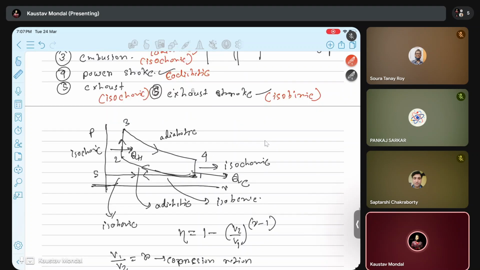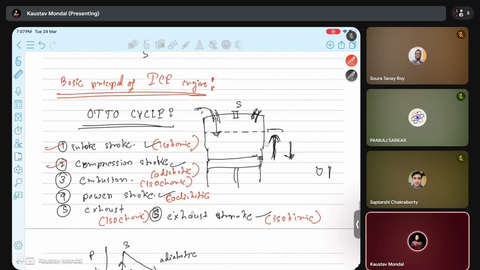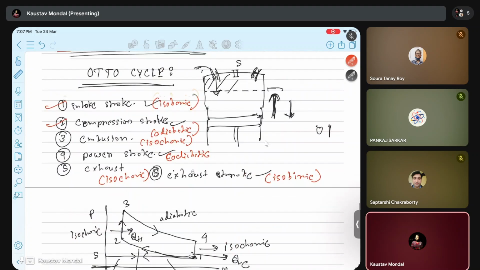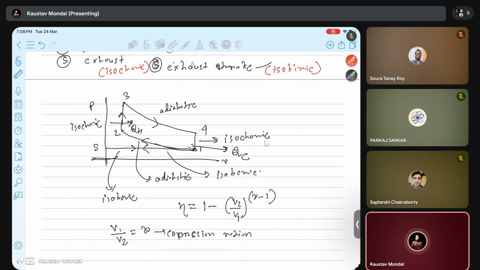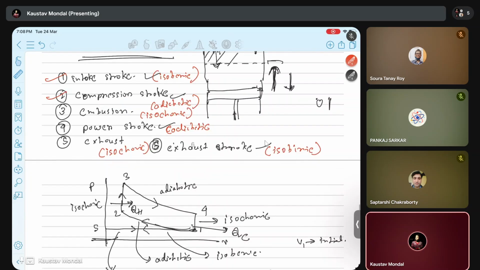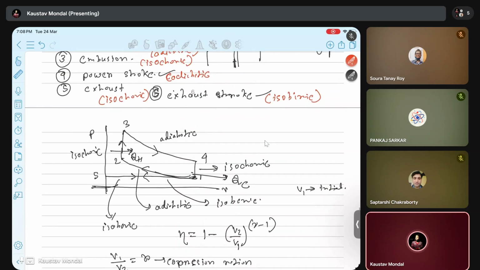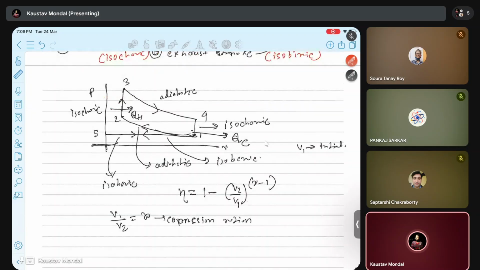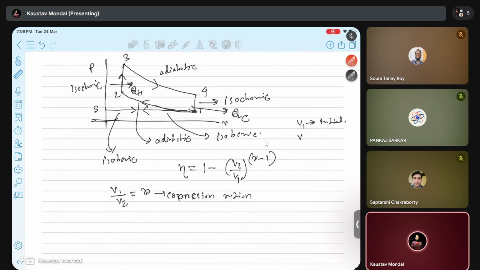Compression ratio means V1 is the volume of this chamber. Initially the chamber has volume V1. Now when the piston moves upwards, compression happens, so the volume of the chamber reduces to V2, the final volume.